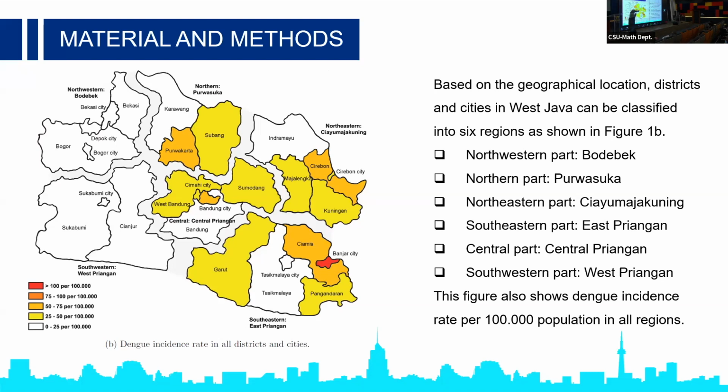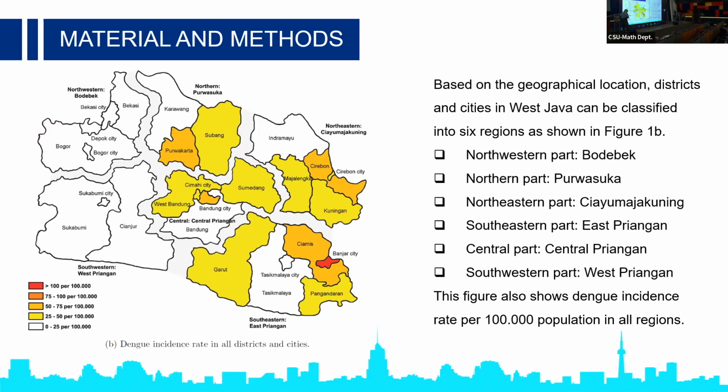The northwestern part, Bodebek, near Jakarta; the northern part, Purwasuka, Purwakarta, Subang; the northeastern part, Ciayu Majakuning; the southeastern part, East Priangan; central Priangan, including Bandung; and the last one, the southwestern part, West Priangan.